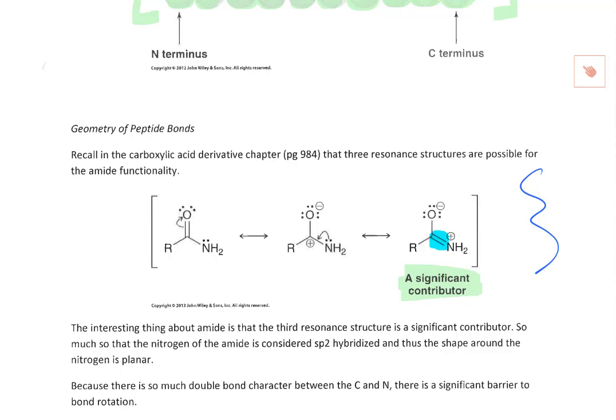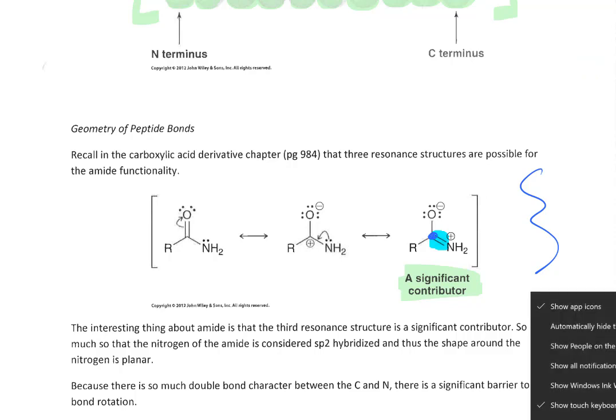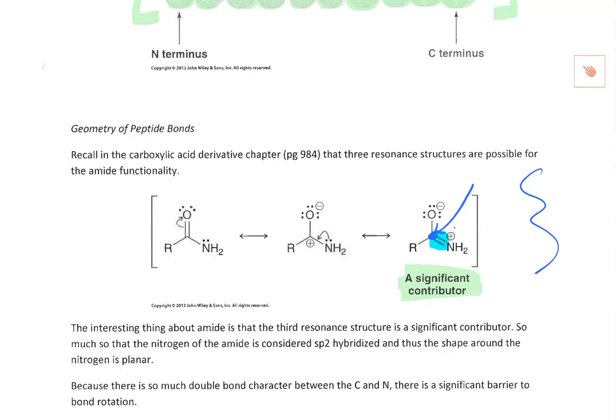And so that matters because in this resonance structure, what this is telling you is this carbon here is sp2 hybridized and trigonal planar.